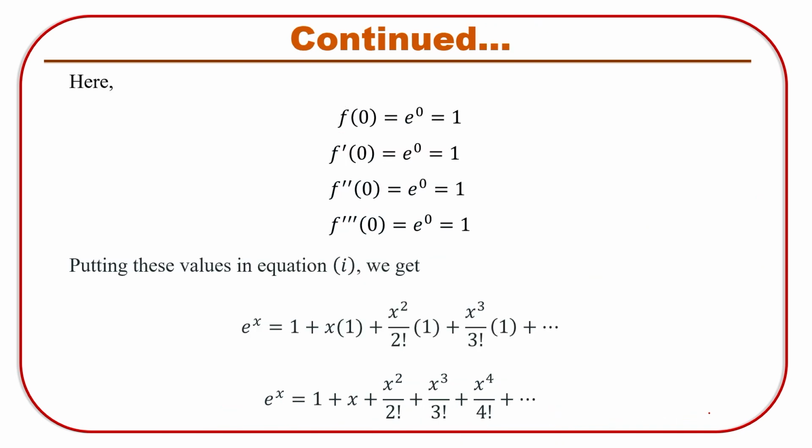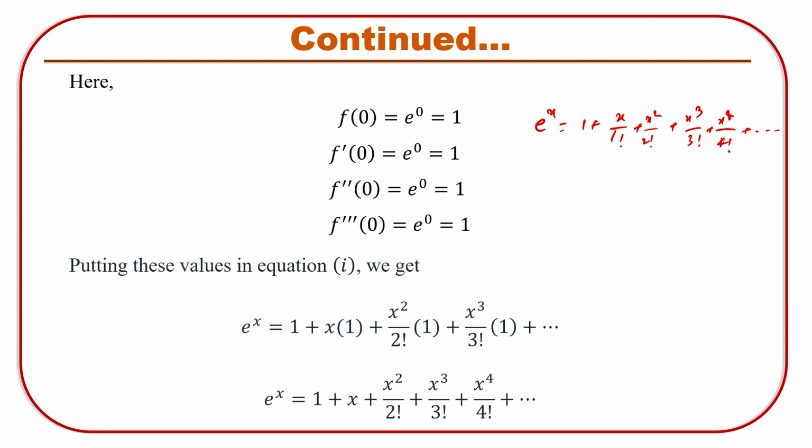Using this, you get e to the power x equal to 1 plus x by factorial 1 plus x squared by factorial 2 plus x cubed by factorial 3 plus x to the 4 by factorial 4 plus so on.